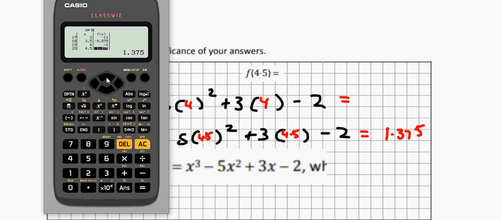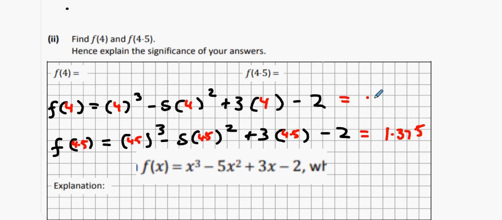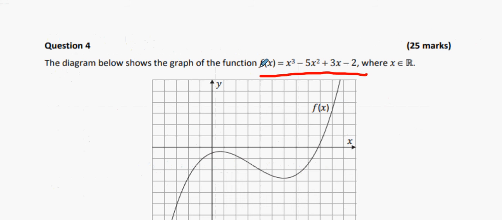4 is minus 6. What can you tell me about those 2 points? One of them is below the x-axis, and the other one is above the x-axis. So what does that mean? Somewhere in between 4 and 4.5, it crosses the axis. If you get what I'm saying. 4.5 could be up here, while 4 is down here.